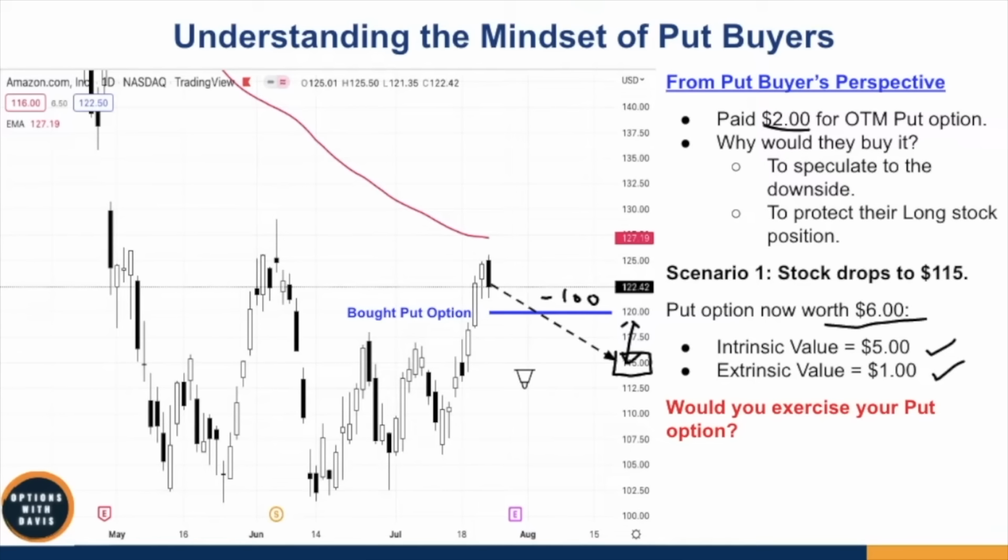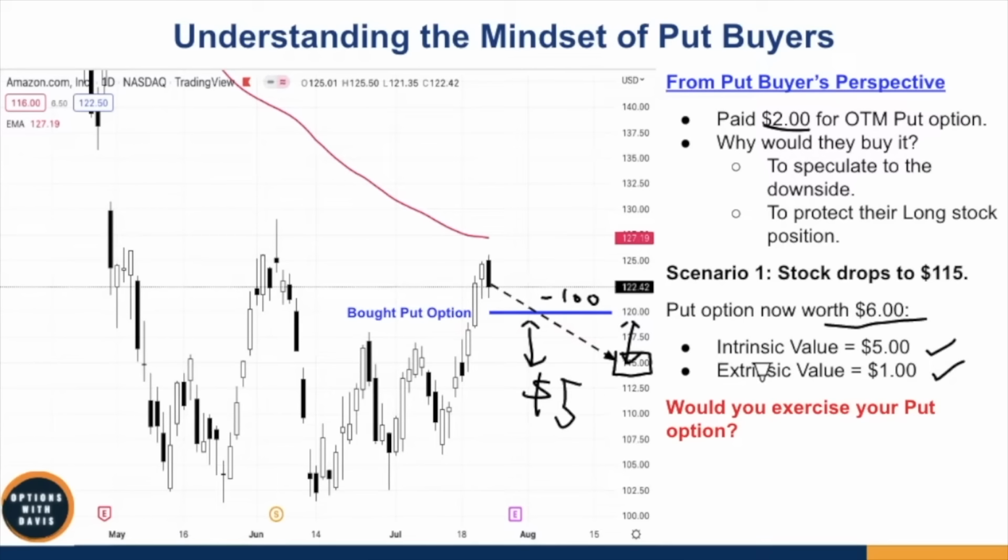If you were to exercise your put option at $120, and then close your position by buying it back at 115, what would be your profit? If you exercise it, it means that you're short at 120, the current price is 115, and let's say you can buy back right now at spot at 115. In total, you make $5. Now this is a profit, of course, you made money.